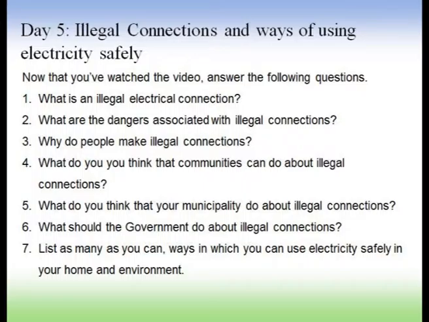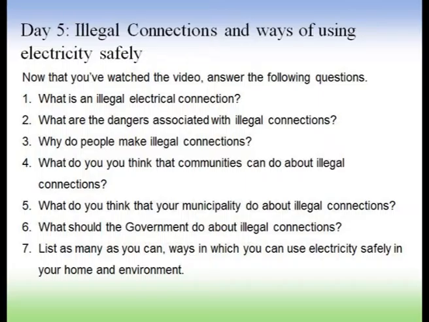Now that you've watched the video, answer the following questions. Number 1. What is an illegal electrical connection? 2. What are the dangers associated with illegal connections? 3. Why do people make illegal connections? 4.